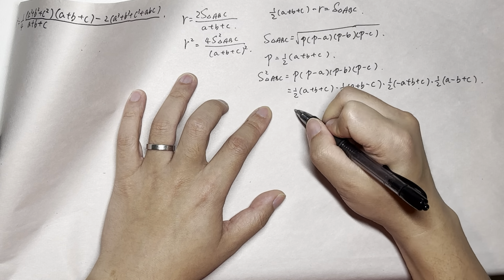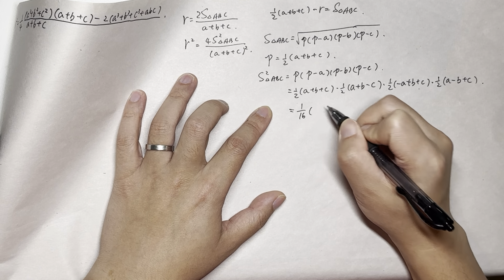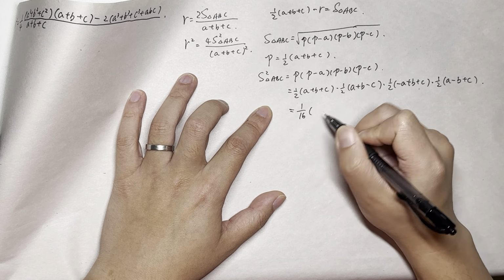This one can be rewritten as 1/16 (a plus b plus c)(a plus b minus c)(a minus b plus c)(minus a plus b plus c), right?